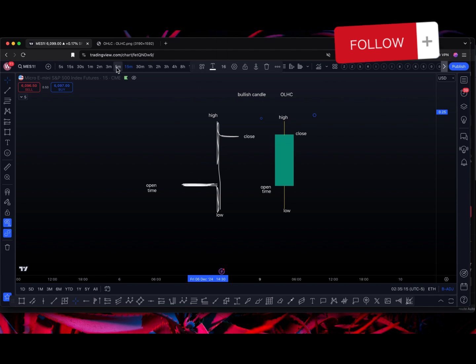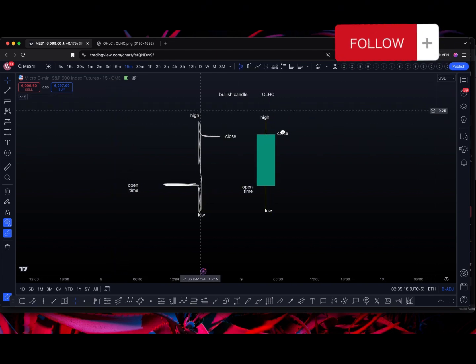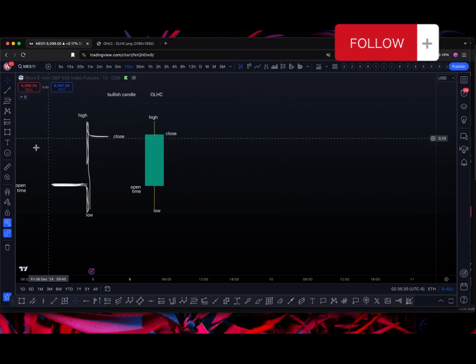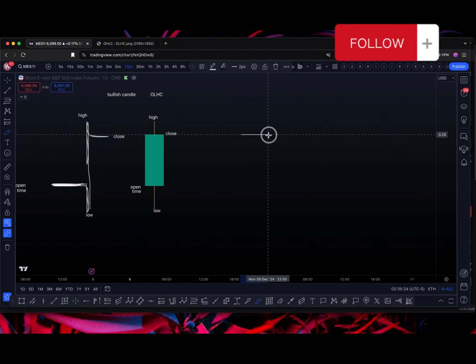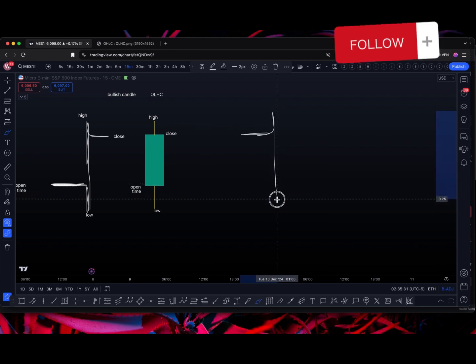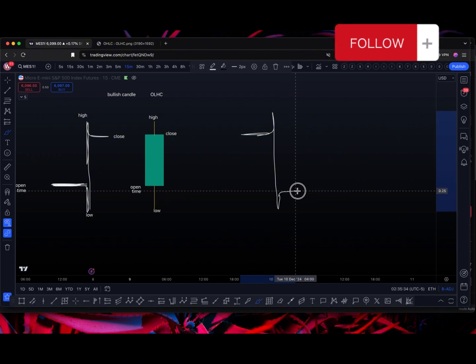For a bearish candle, you get to see the open, the beginning of the open. It will create a high, then drop down, create the low, then it will close near the low. Just so we have it, let me put the text here.